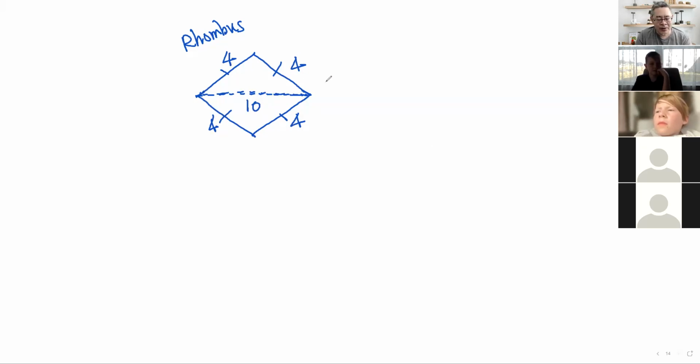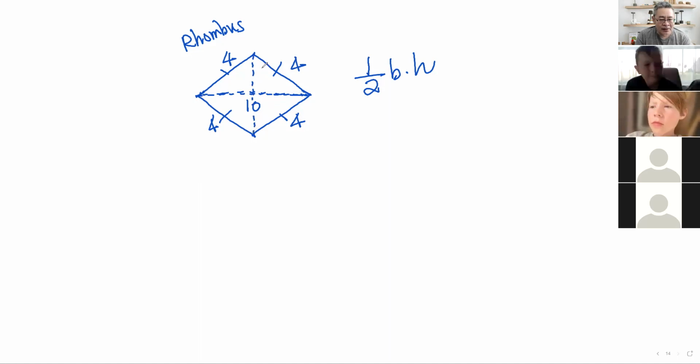This is two triangles, and we know that the triangle is half base times height, but we don't know the height. Well, if this other diagonal is say 6, then we know this part will be 3, and the whole part here will be 10.